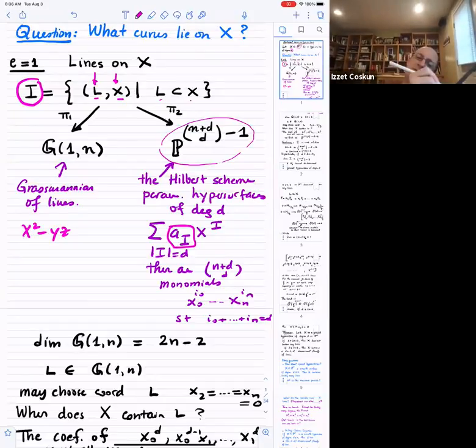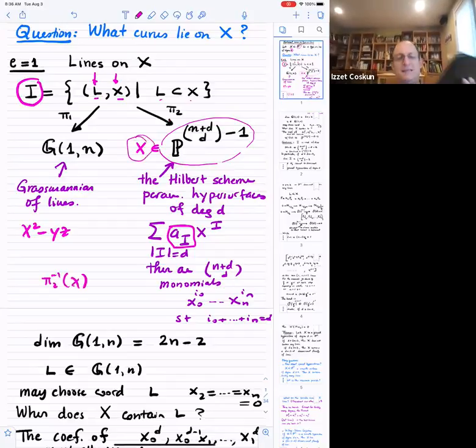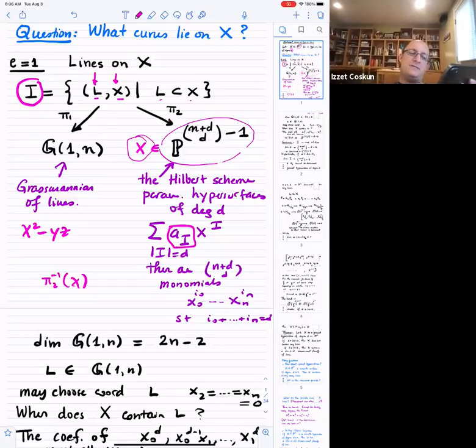Then if we have a hypersurface X here, pi2 inverse of this X is precisely the lines that are contained in X. So that's what we want to understand. The main problem is that that's hard to understand. The advantage of considering this incidence correspondence is that it linearizes the problem.